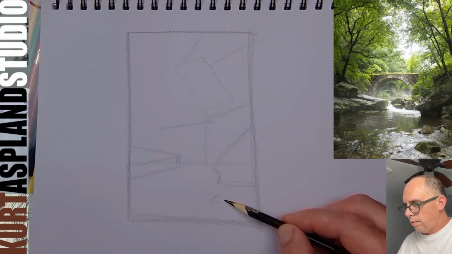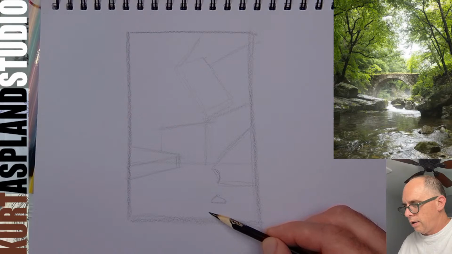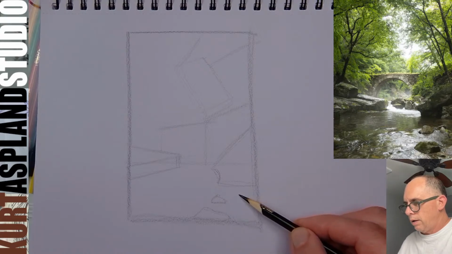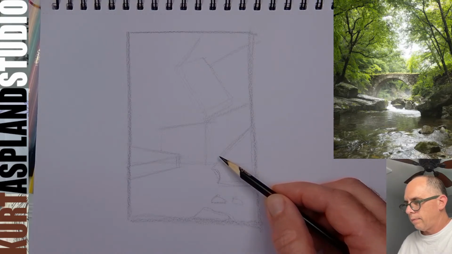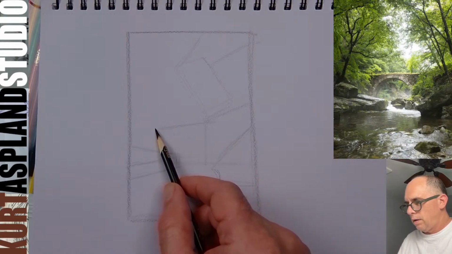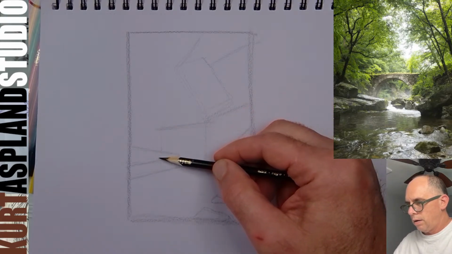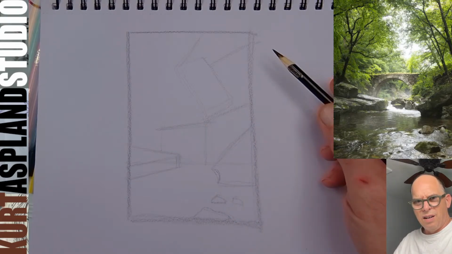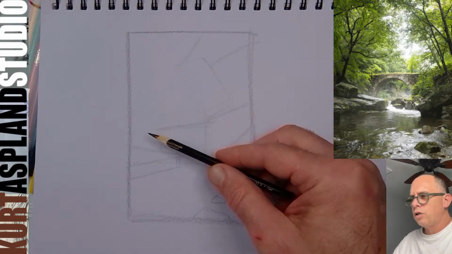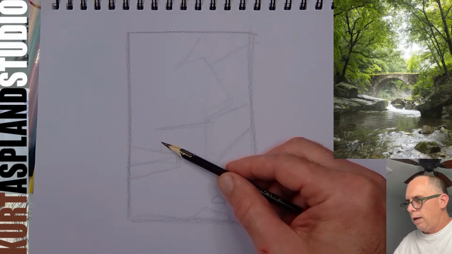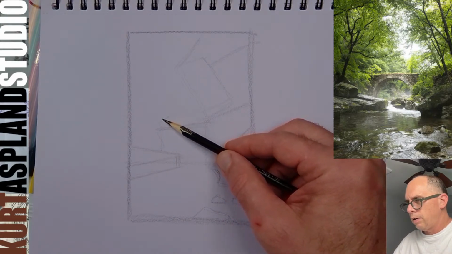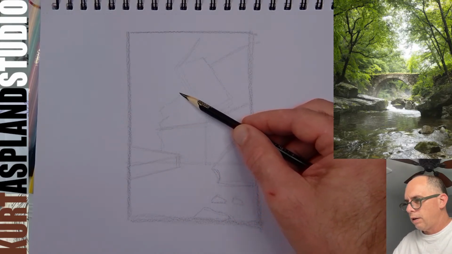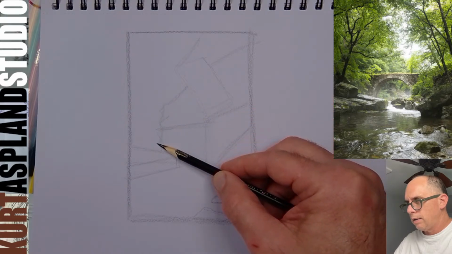There's a little rock coming out of the water there, and a nice one over here. We'll put that in place there. All I'm doing is getting the shapes in place. Here are these other big trees coming in like this.